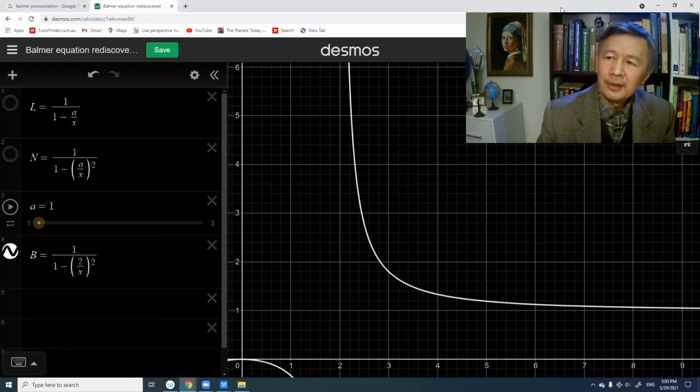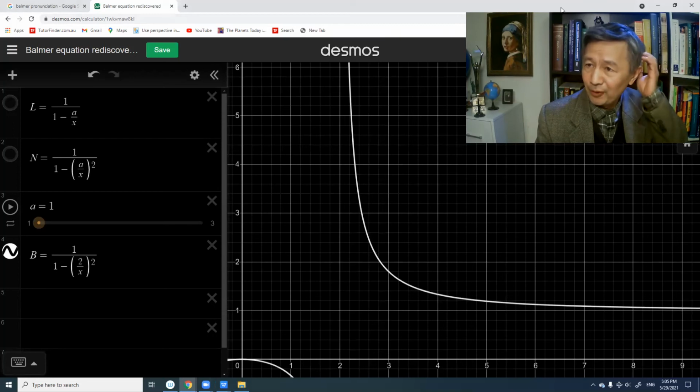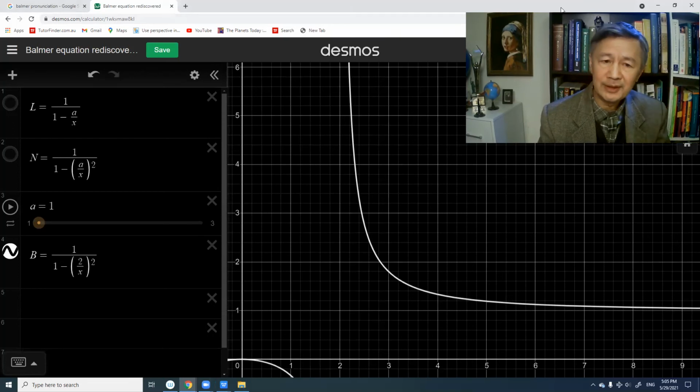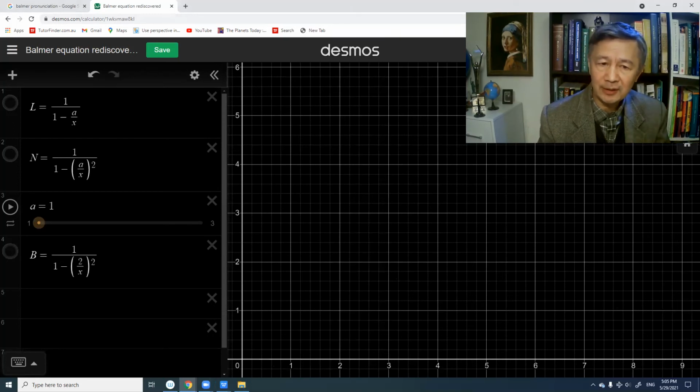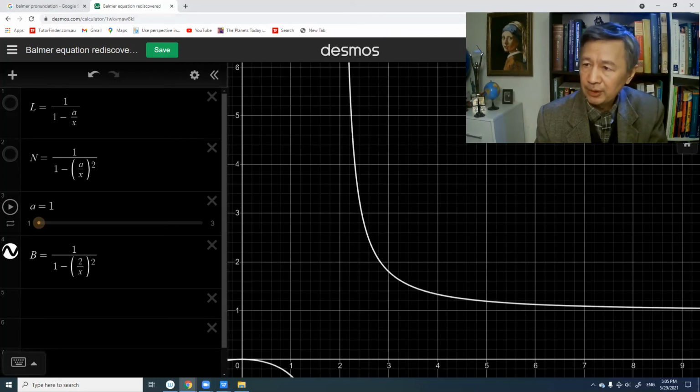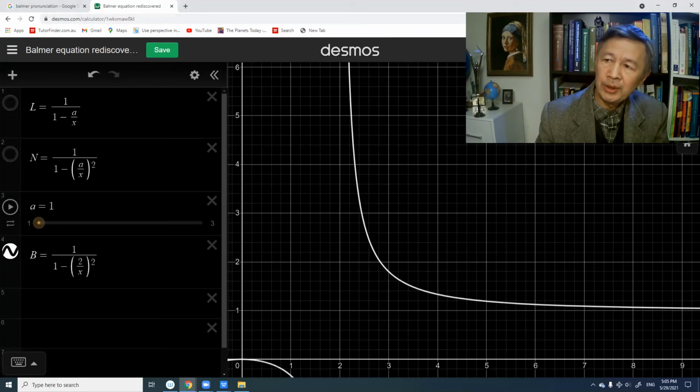Now, we have drawn the curve here, which uses Balmer's formula. So presumably this is also consistent with the original experimental data. This is the curve we want to model using a proper mathematical formula.